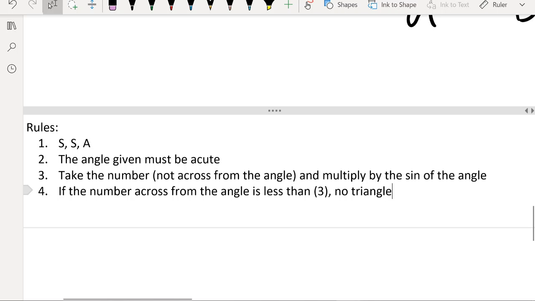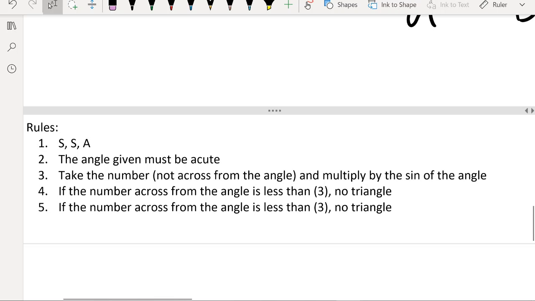Okay, that's kind of already what I typed out over there, but I'm writing it in a more written form here, and I'm going to say basically the same thing with a little tweak. If the number across from the angle is equal to the number you get in step 3, then you have exactly one triangle.